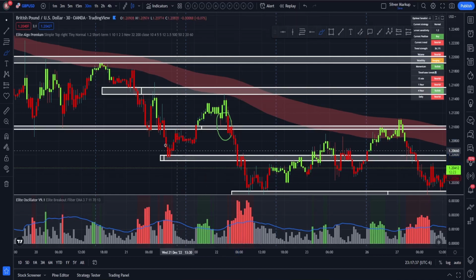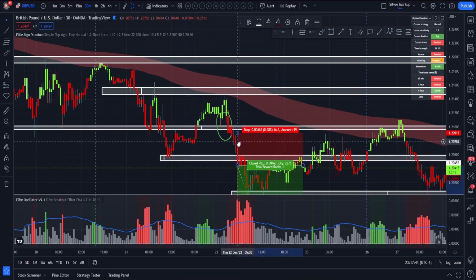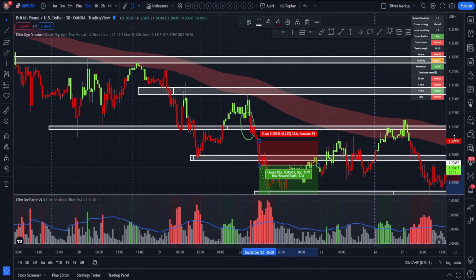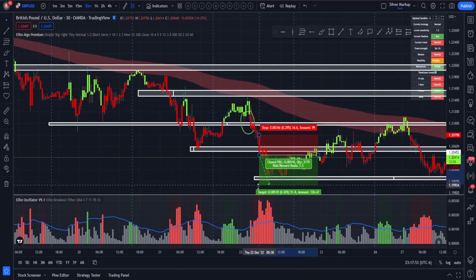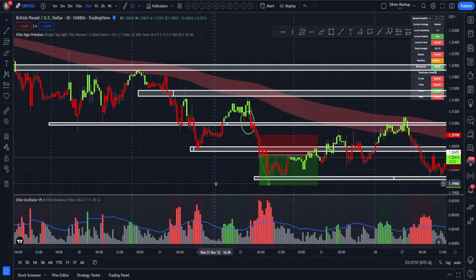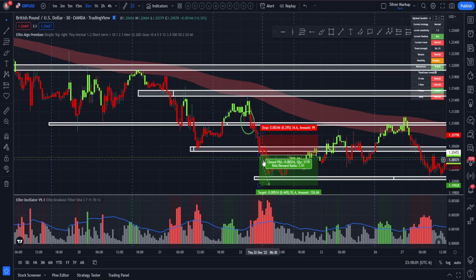So that would have been another entry for me. I would have opened my trade at the close. I would have put my stop loss above the high, and I would have got close to a 1.5 reward to risk. I think I would have got it on this wick right here. Yep, right on the wick, I would have got that 1.5, so I would have hit my TP1.